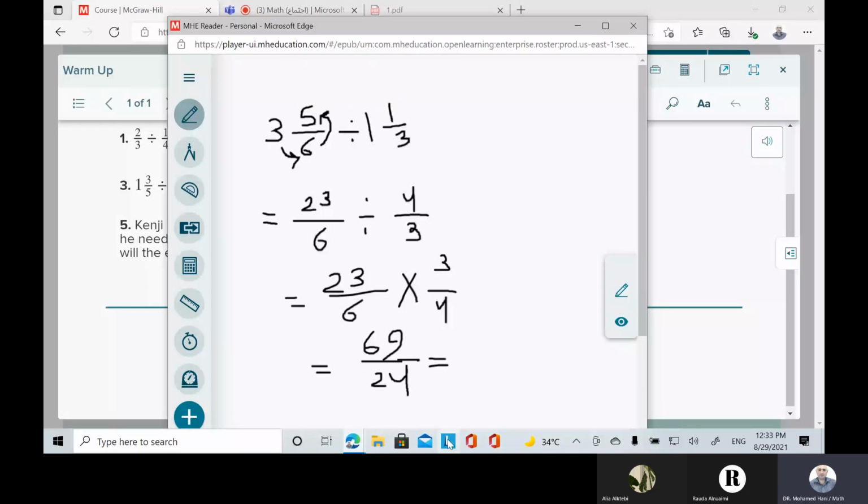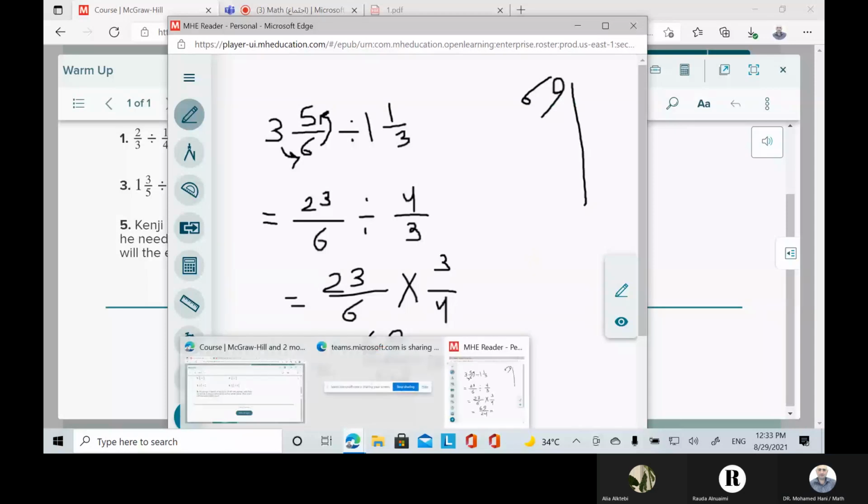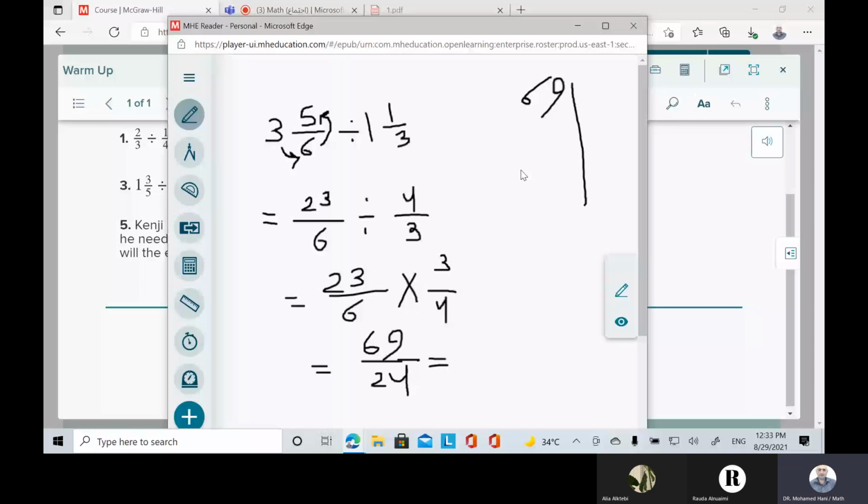When you want to find the GCF, here we have two numbers. Take 69, then analyze the number. Here we have 69 divided by 3. When you divide it by 3, will be what?